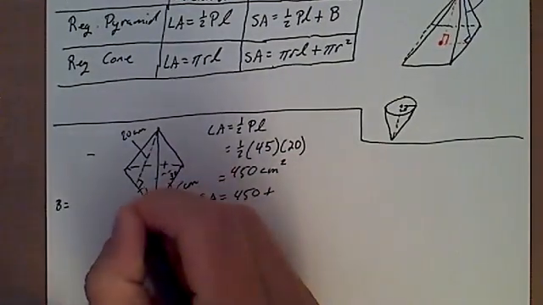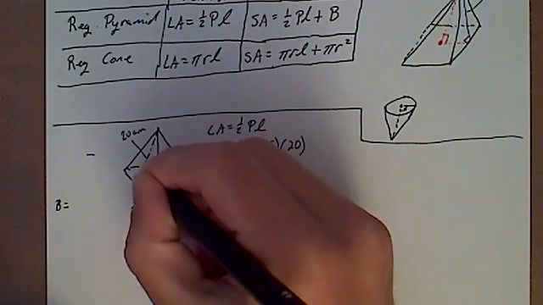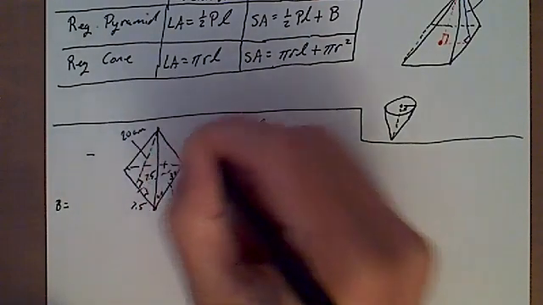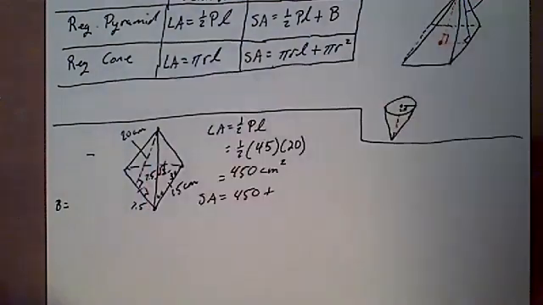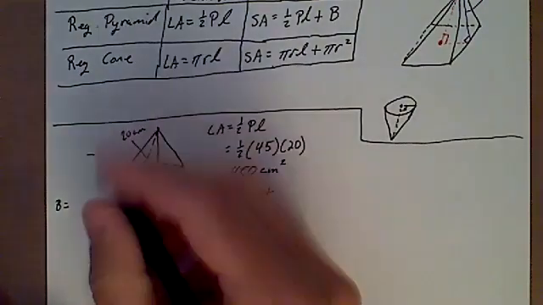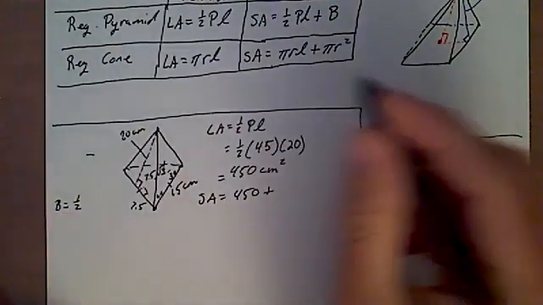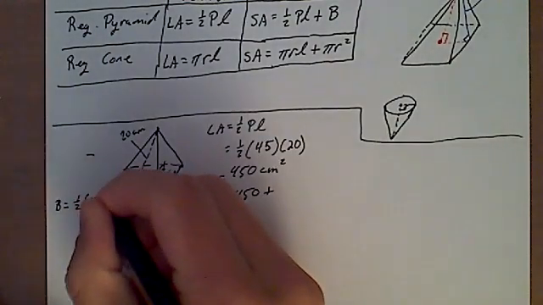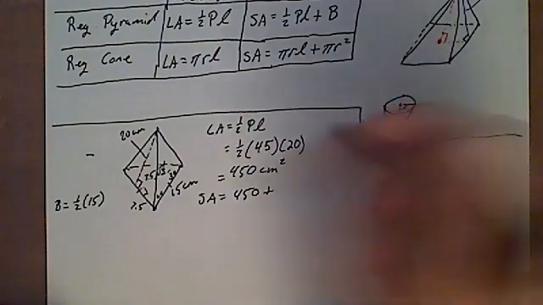Right, across from the 30-degree angle is half. And that must mean that this is 7.5√3.